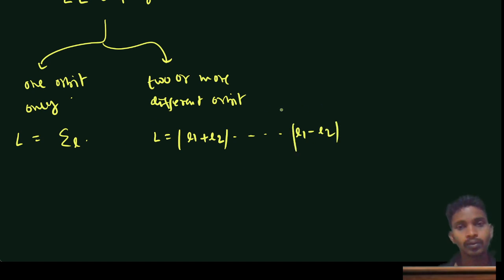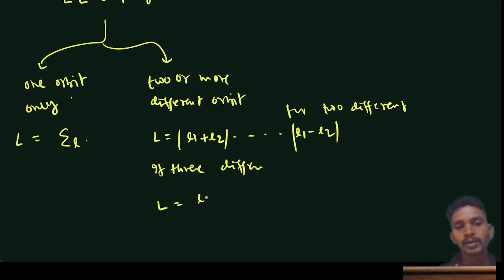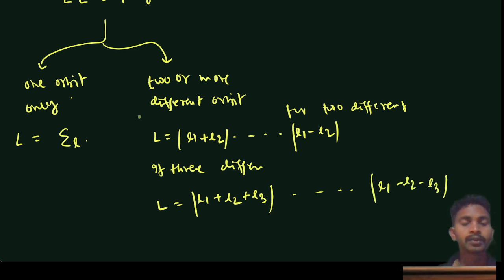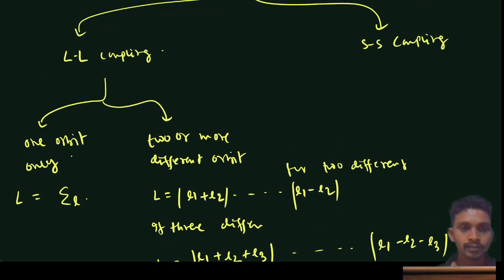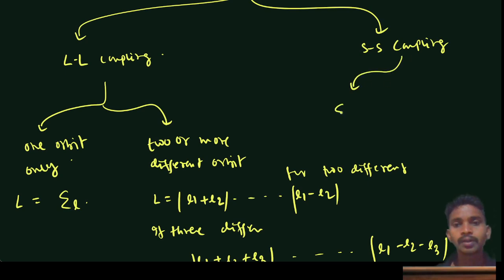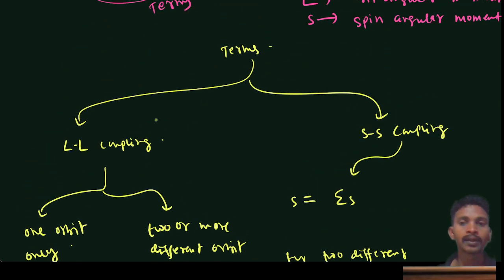For three different orbits, L is L1 plus L2 plus L3 down to L1 minus L2 minus L3, likewise. For SS coupling we sum the S values. This is LL coupling and SS coupling, which we discussed in terms.